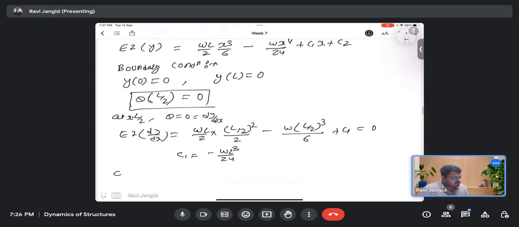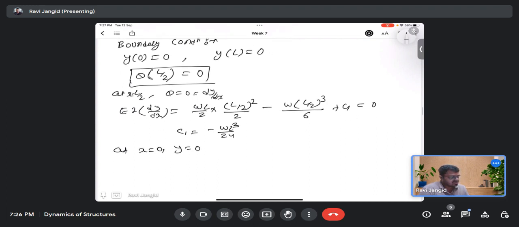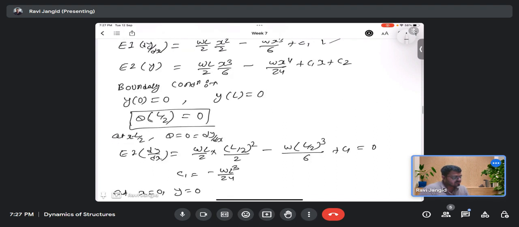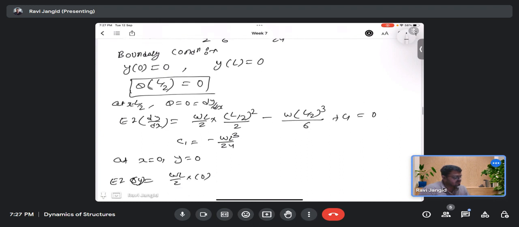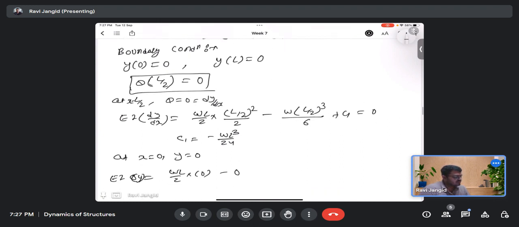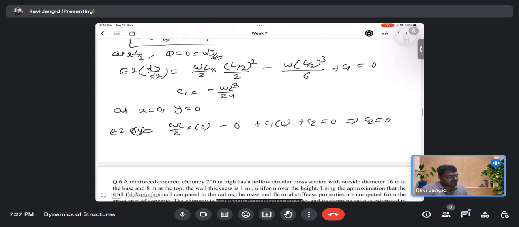Now at x equal to 0, y is equal to 0. So in this term, EI into y, if I put x equal to 0, the first term is 0, the second is 0, plus C1 times 0 plus C2 is equal to 0. That means C2 is equal to 0.